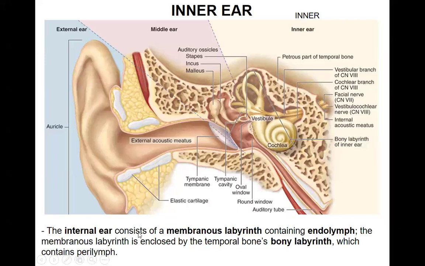So the internal ear consists of a membranous labyrinth containing endolymph. The membranous labyrinth is enclosed by the temporal bone's bony labyrinth, which contains perilymph. This is not easy to understand, and I had a lot of trouble finding the best way to explain it to you.